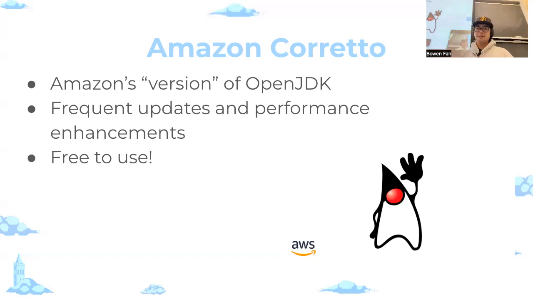It's still Java. It still has a Java virtual machine, but it has all the updates that Amazon thought were useful that didn't make it to OpenJDK, but kept into Corretto. And Amazon Corretto also doesn't update every 6 months like OpenJDK. It constantly updates, and there's always performance enhancements for cloud computing, and it's free to use.